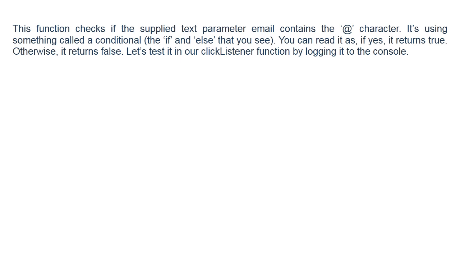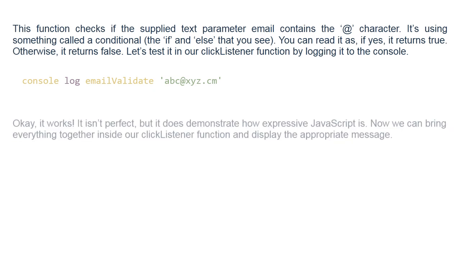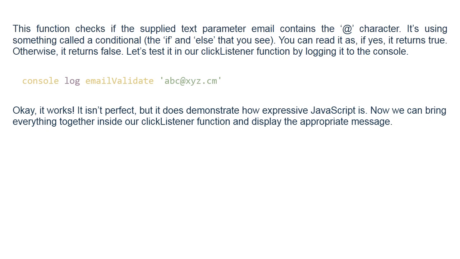Let's test it in our click listener function by logging it to the console. console.log isEmailValid abc@xyz.com. Okay, it works. It isn't perfect, but it does demonstrate how expressive JavaScript is.